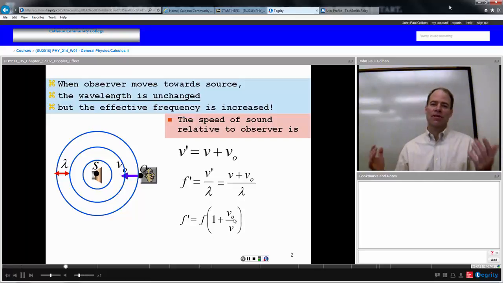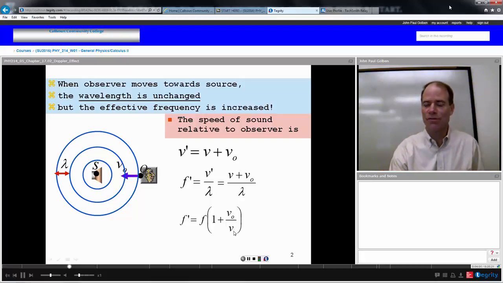Now, my velocity for practical purposes might be 1 meter per second. If I'm just walking towards the source, I might be moving at 1 meter per second, while this velocity of sound, this v in the denominator here, is 343 meters per second. So this fraction, v naught over v, could be very, very small.